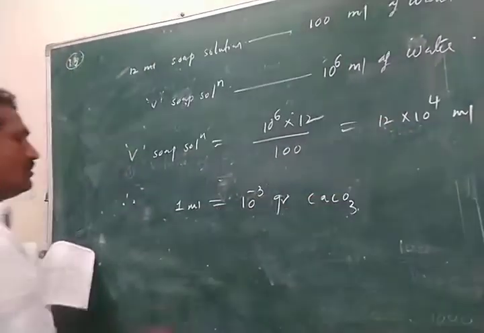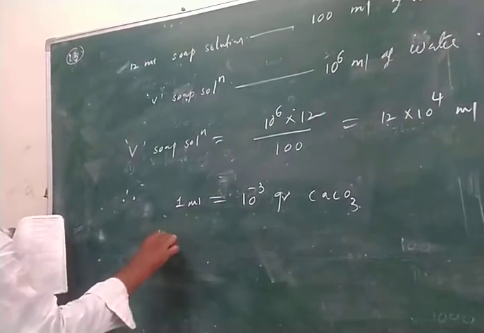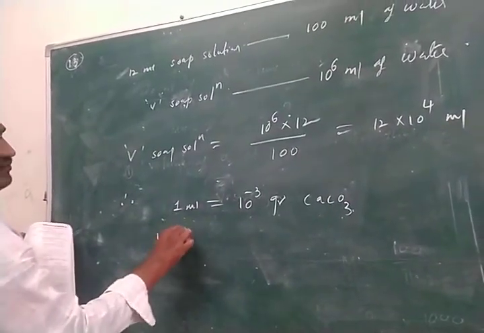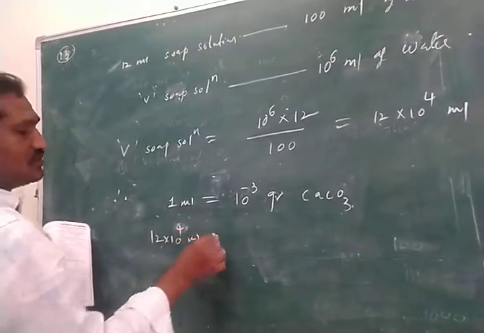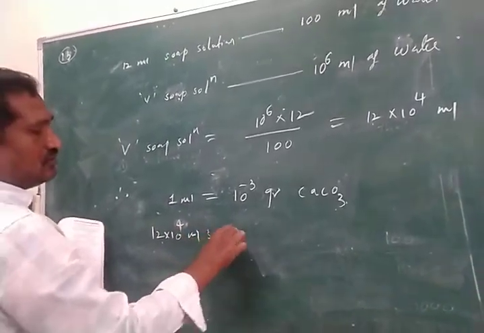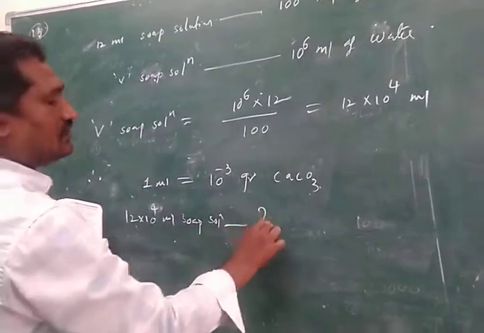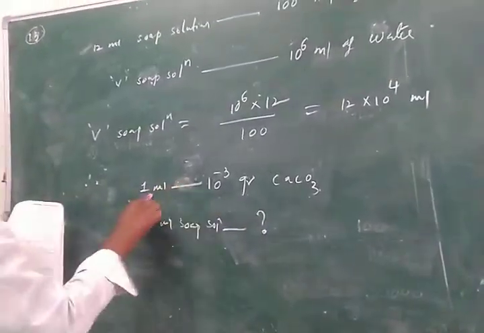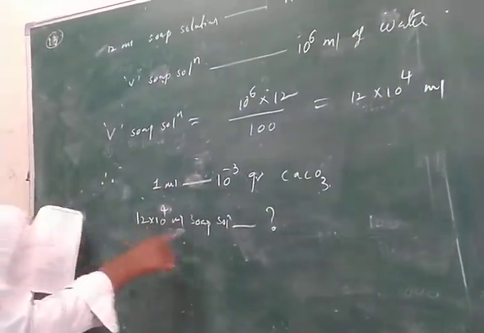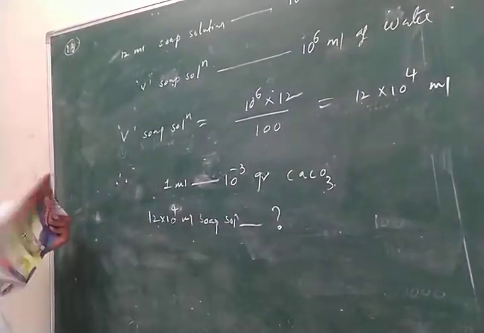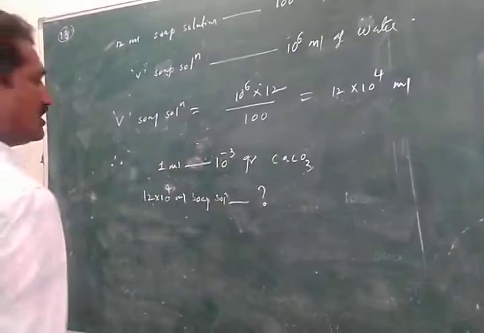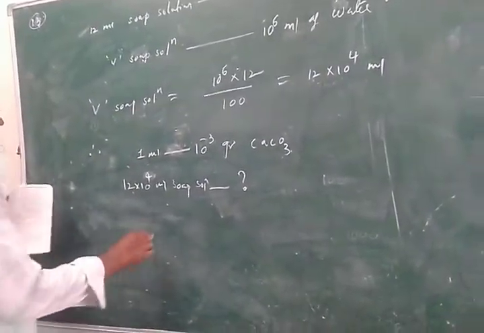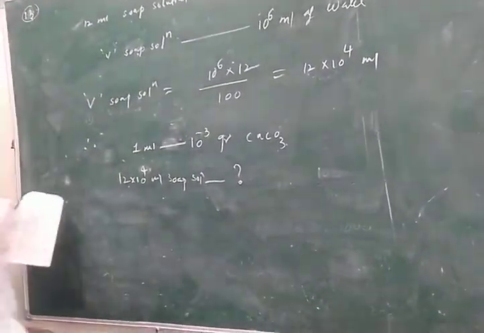We got 12 into 10 power 4 ml of soap solution. So 1 ml equals this much, then this many ml of soap solution equals how many grams of calcium carbonate present. That is the degree of hardness.